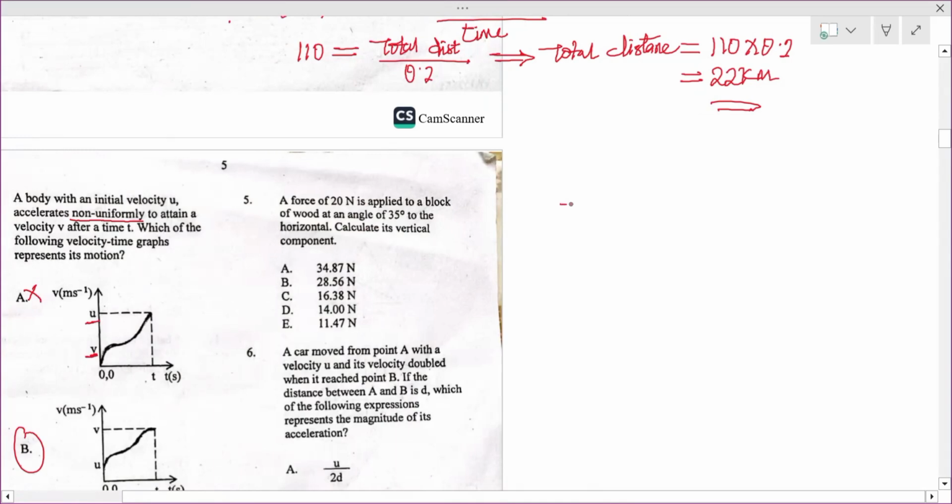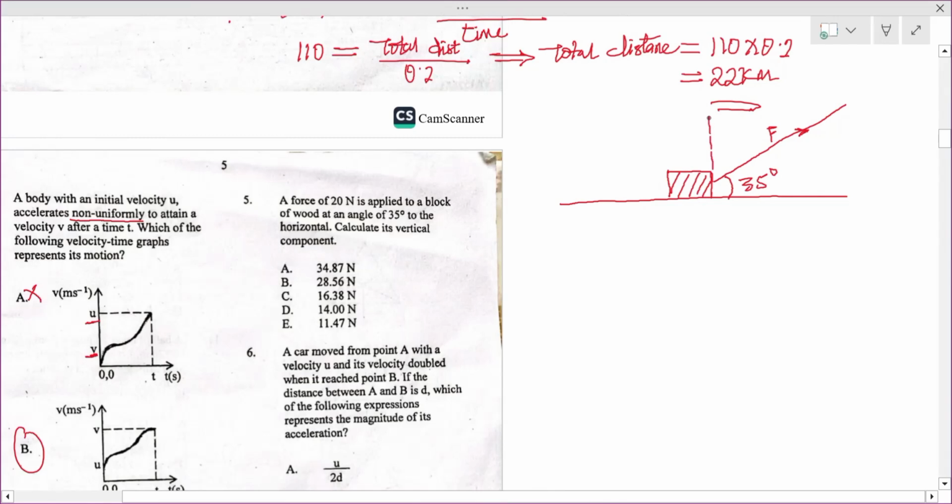So let's assume here is the platform and we have the block of wood resting on it. Then a force is applied at an angle, as if you attach a rope to it and you are pulling it, at an angle of 35 degrees to the horizontal.